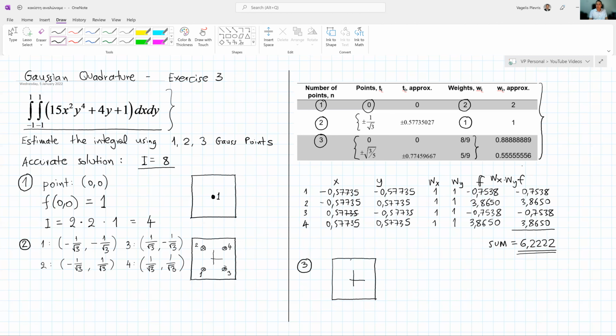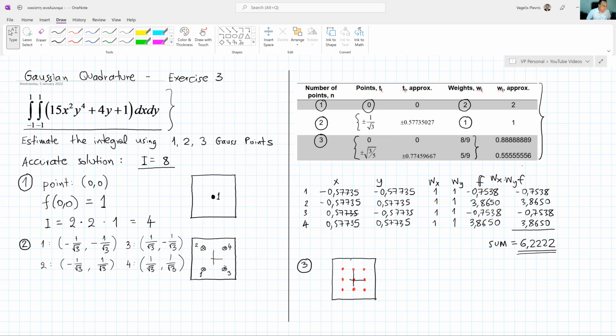And now I have 3 points per direction, which means that I will use a central point, and then I will use also points on the left and points on the right. And I will have 9 points in general, as you see here. 3 points each direction, 9 points in general, including the 0, 0 point in the center of the element.